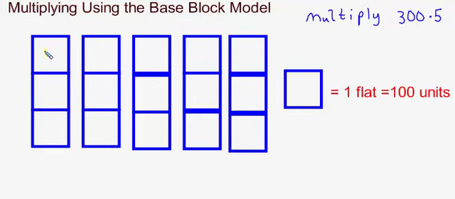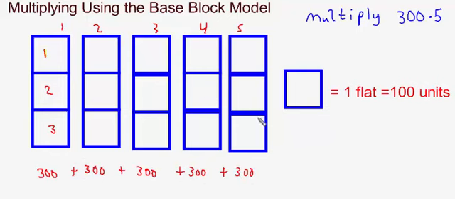So to summarize, this is 1, 2, 3 flats or 300 units, and I made 1, 2, 3, 4, 5 copies of it. So I have 5 copies of 300. That would be 300 plus 300 plus 300 plus 300 plus 300 more.